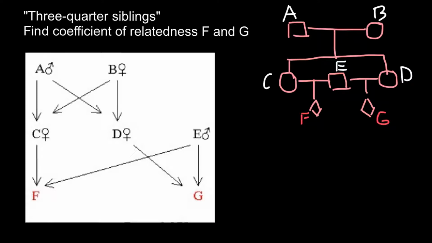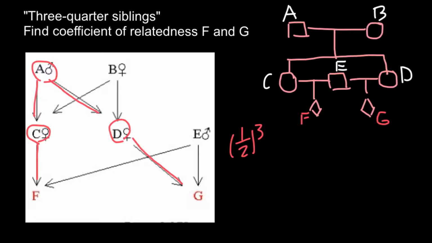Each of them has a mother and father, and here are the common relatives. So this is one pathway, and here we have 1, 2, 3 nodes. As you remember, this is going to be 1/2 to the power of 3.